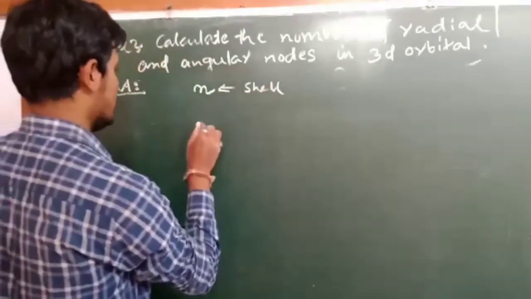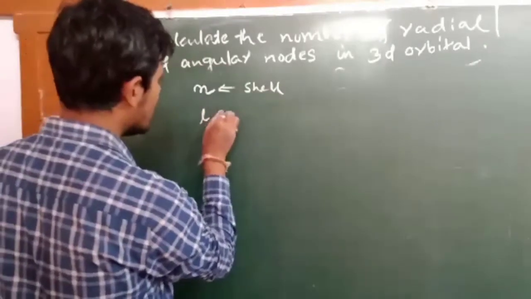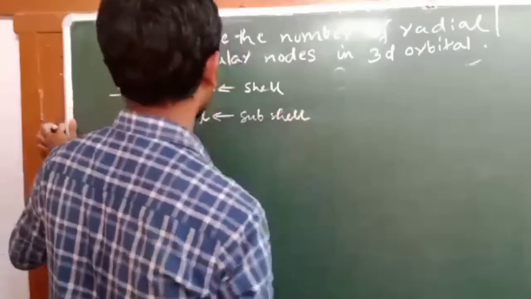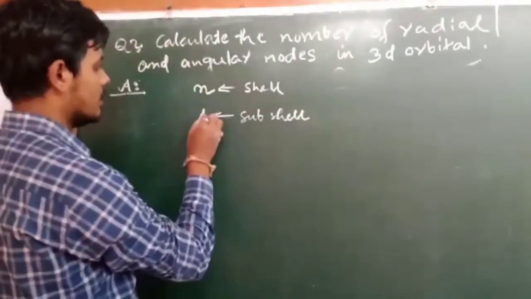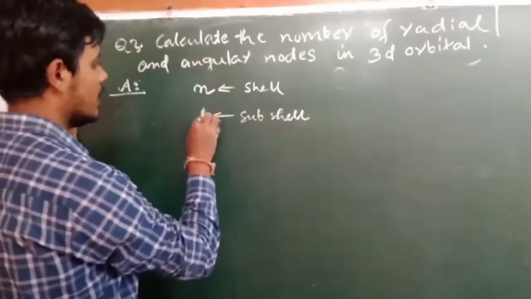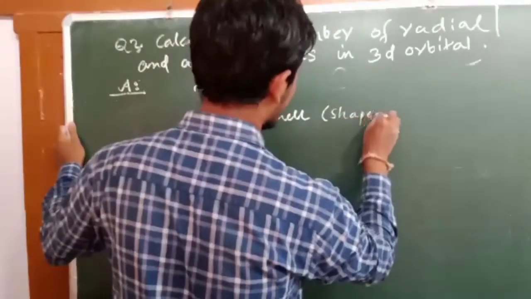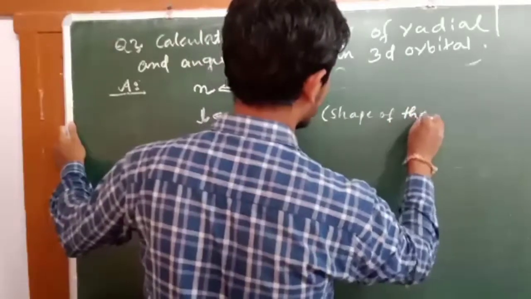If the azimuthal quantum number is l, it will tell me about the subshell. l also tells me about the shape of the orbital.